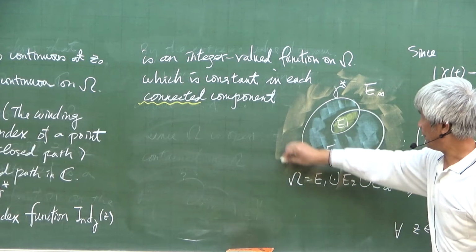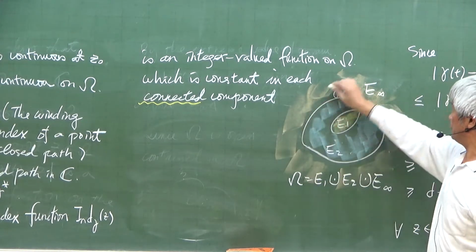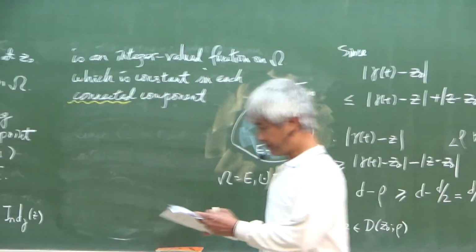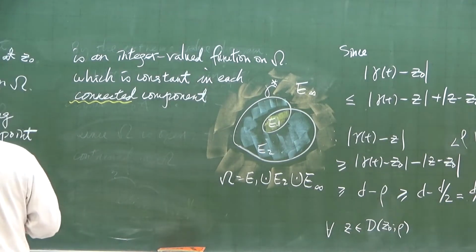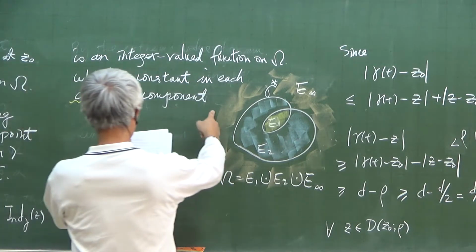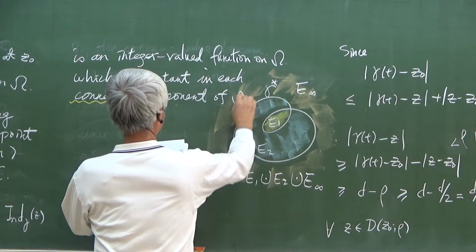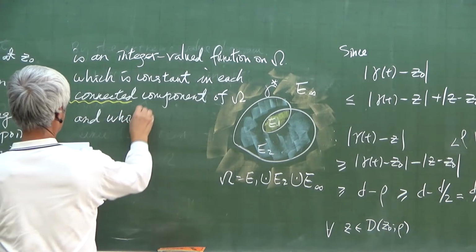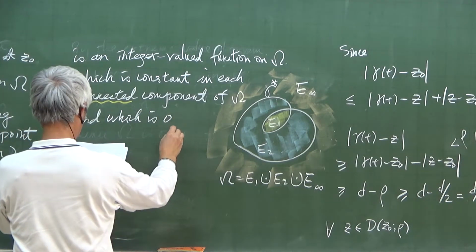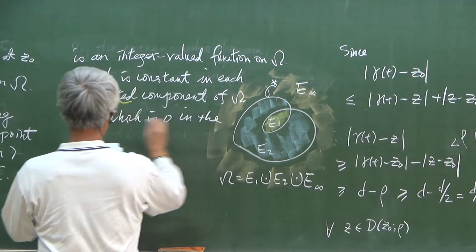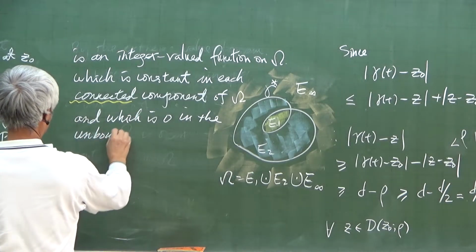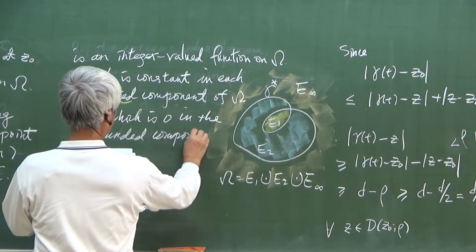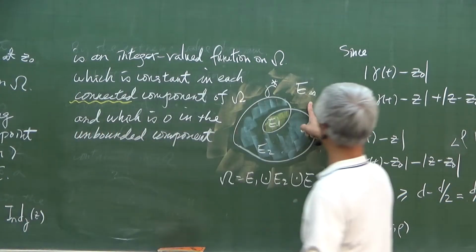Outside, in the unbounded component, every point also has constant index, but here we can address it: it is 0 in the unbounded component, in particular E infinity.